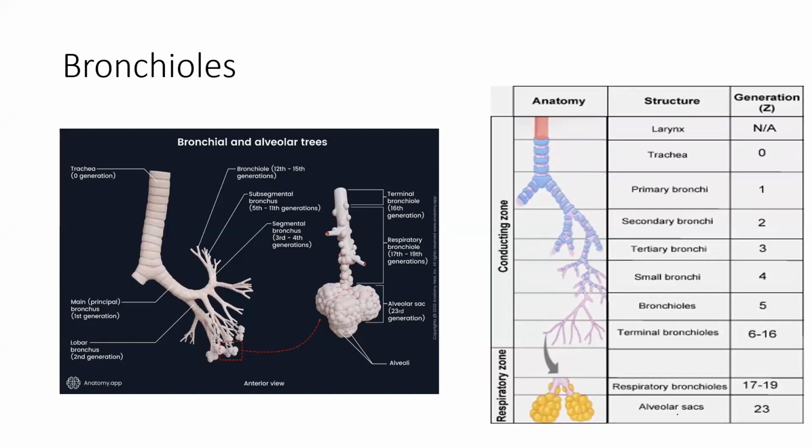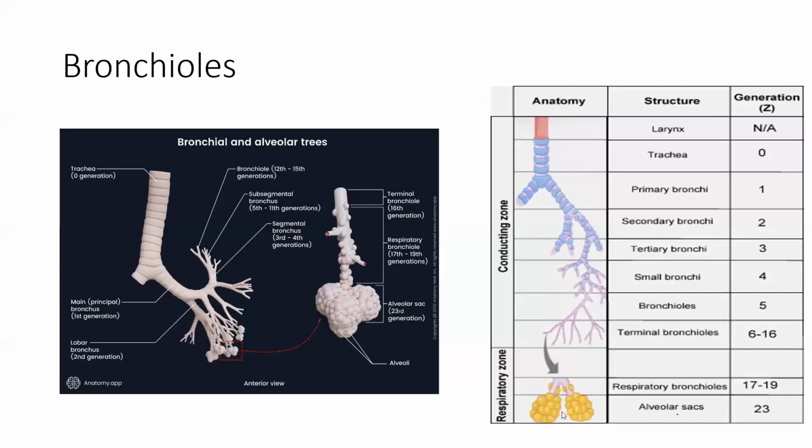Air is conducted through the smaller and smaller bronchioles for about 15 to 20 generations, and these are collectively known as the conducting bronchioles. The last part of the conducting bronchioles is termed the terminal bronchioles, and after that, air gets to the respiratory bronchioles, which are unique because they have tiny outpouchings that bud off their wall.